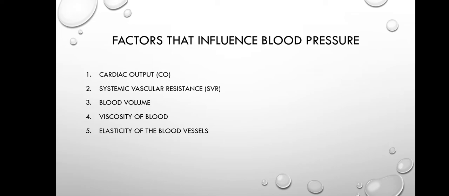Stroke volume refers to the volume of blood that is pumped out of the heart per beat, and heart rate simply refers to the number of times that the heart beats in a minute. So at the end of the day, whatever happens to stroke volume or heart rate will affect cardiac output, and when cardiac output is affected, blood pressure is also affected.